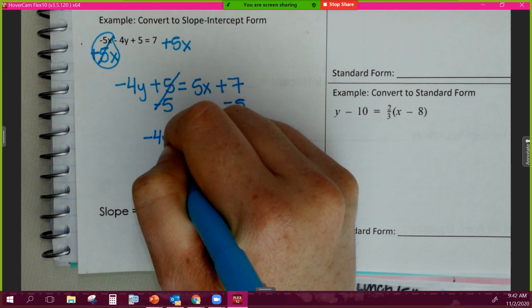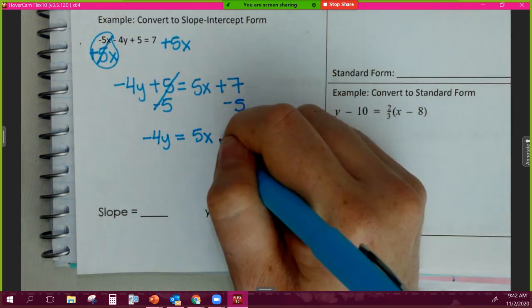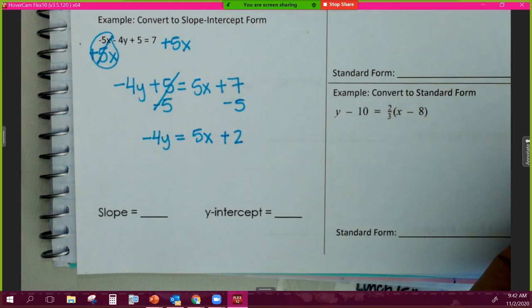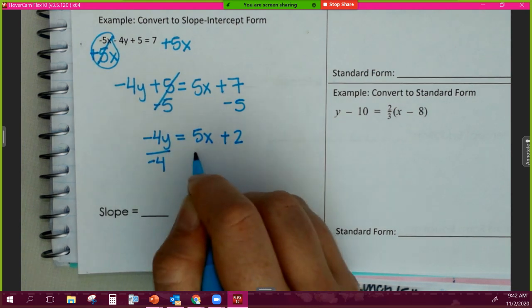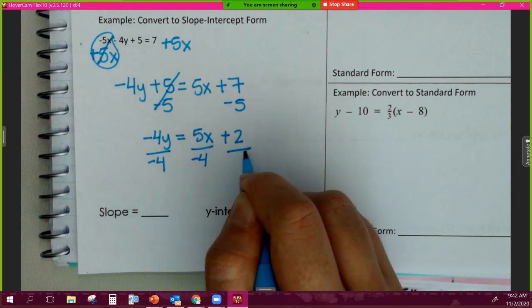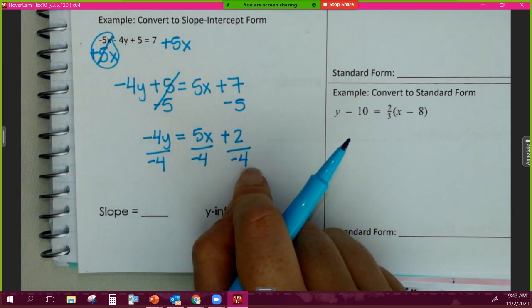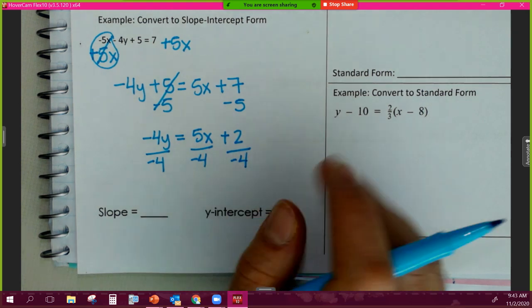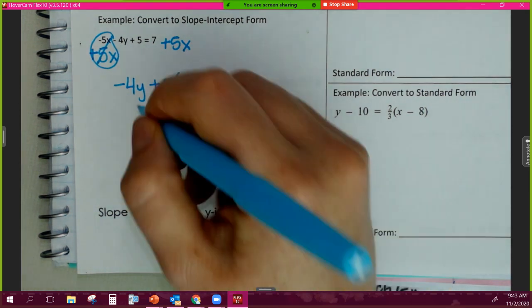So I have negative 4y is equal to 5x, and then 7 minus 5 would give me 2. And then divide everything by negative 4. And make sure every term gets divided by negative 4. So anytime you're adding or subtracting something, that also needs to get divided by negative 4. Okay.